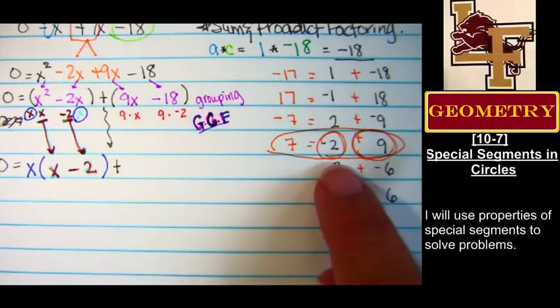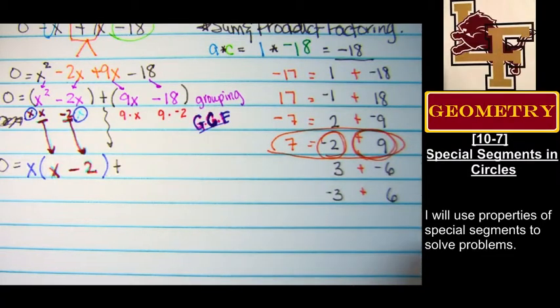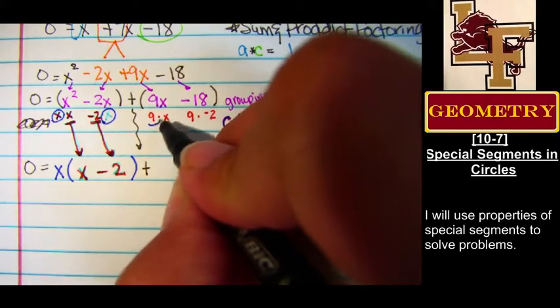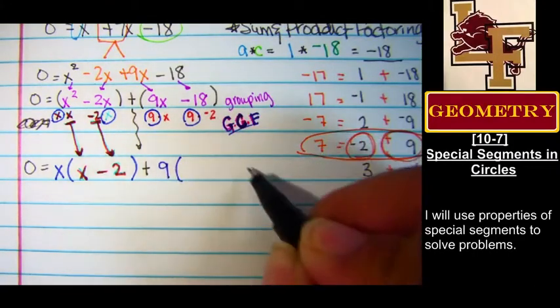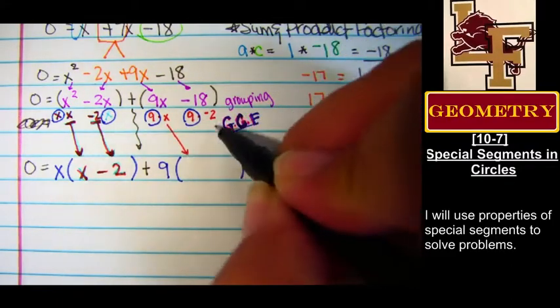And notice that those are the same pairs as what we had over here originally. Okay? Notice that it ends up being the same numbers. I'm going to go ahead and grab my common here. And now in parentheses, I'm writing what's left over.